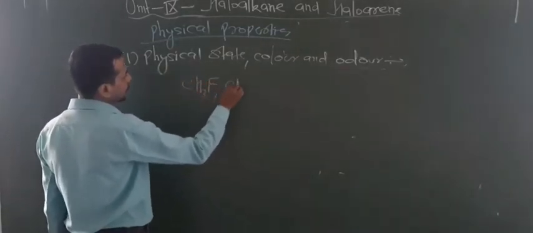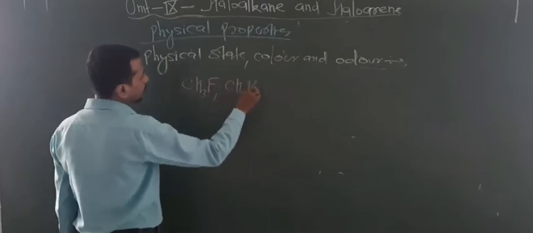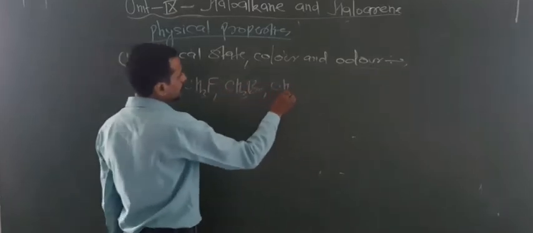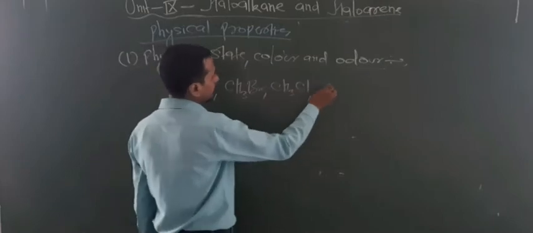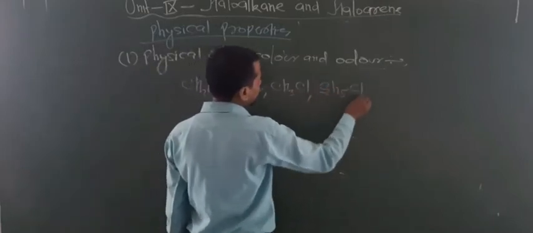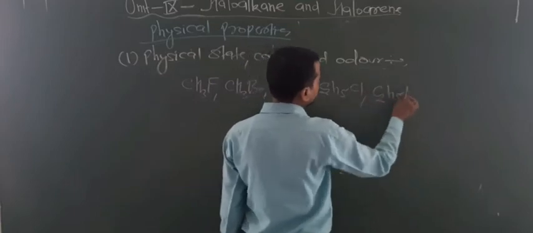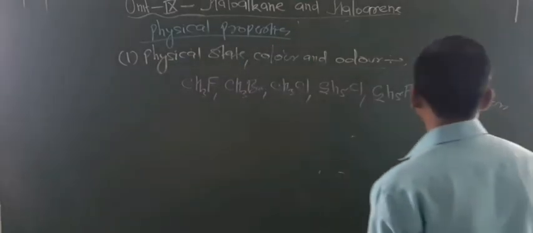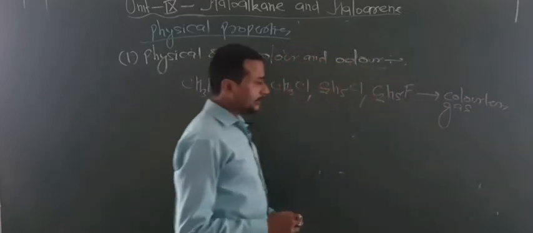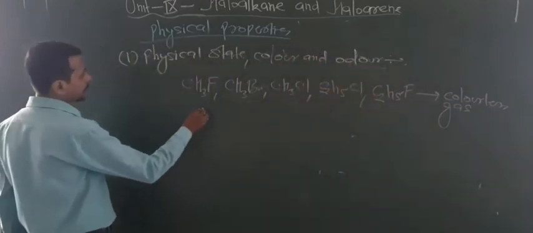The lower members, that is basically CH3F, CH3Br, CH3Cl, C2H5Cl, are colorless gases.